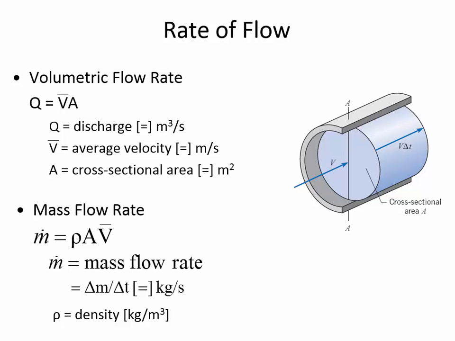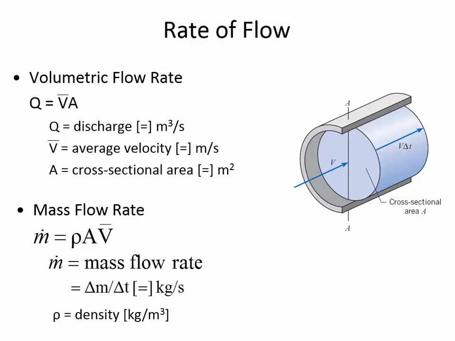That's true as long as the fluid is incompressible. But if it's a gas, then volume isn't always conserved, because the density of the fluid could change inside of some sort of apparatus. But what is always true is the idea of mass flow rate.